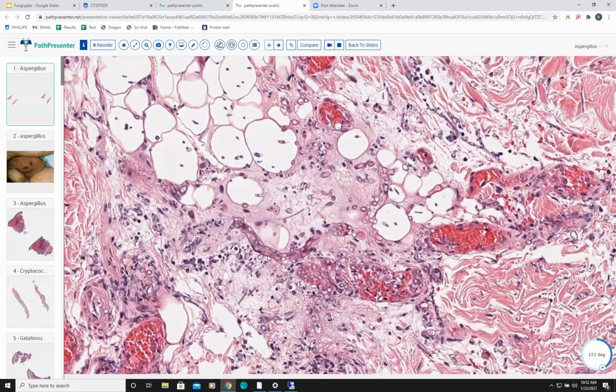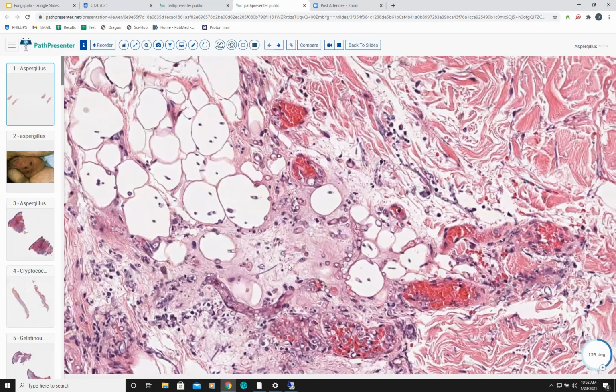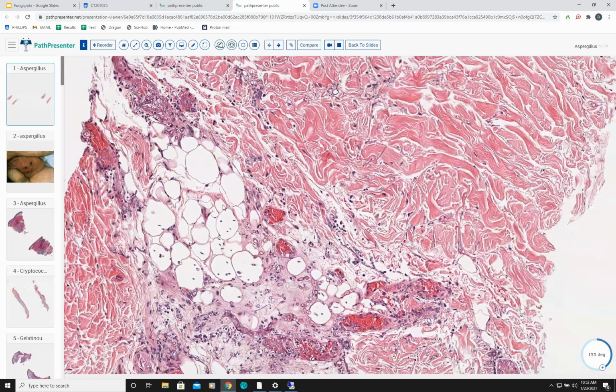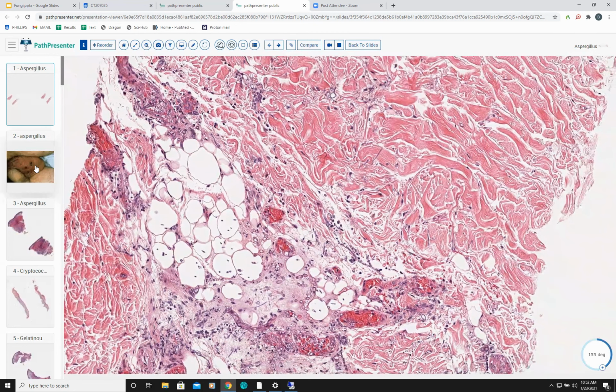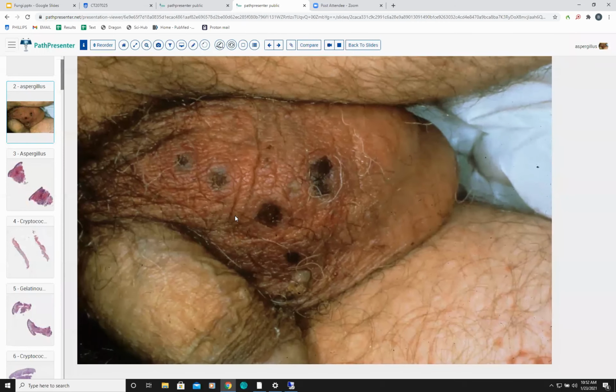Here you can see really nice septate hyphae organisms, and the walls are parallel. Here more organisms. So this is a nice case of aspergillus, and here's the clinical of that case, which was a plaque, some ulceration, so immunocompromised patients, and this is almost like an eschar.